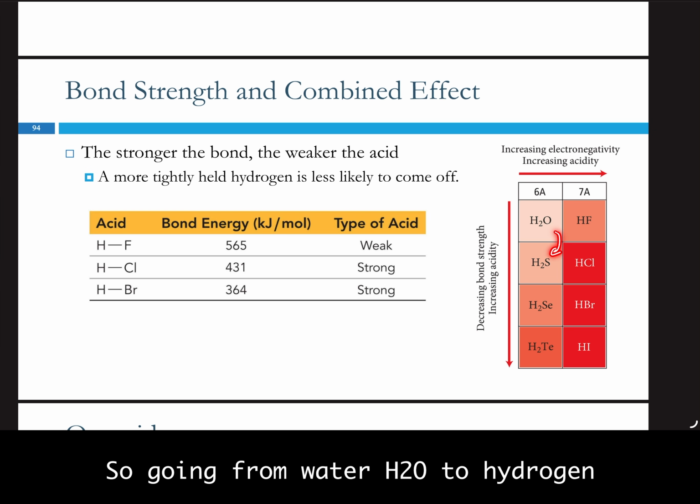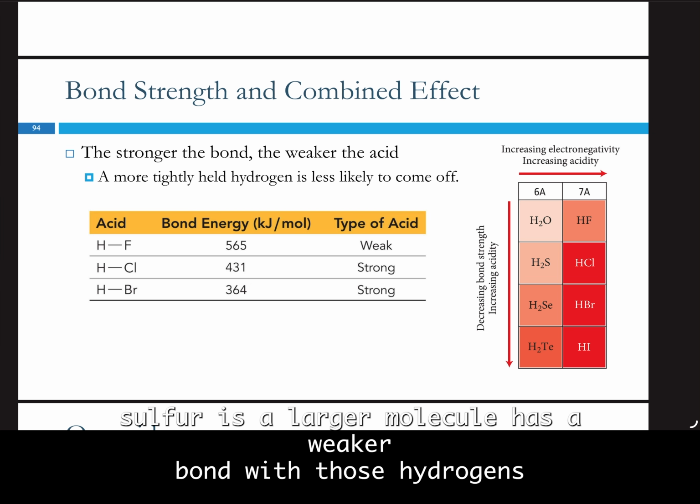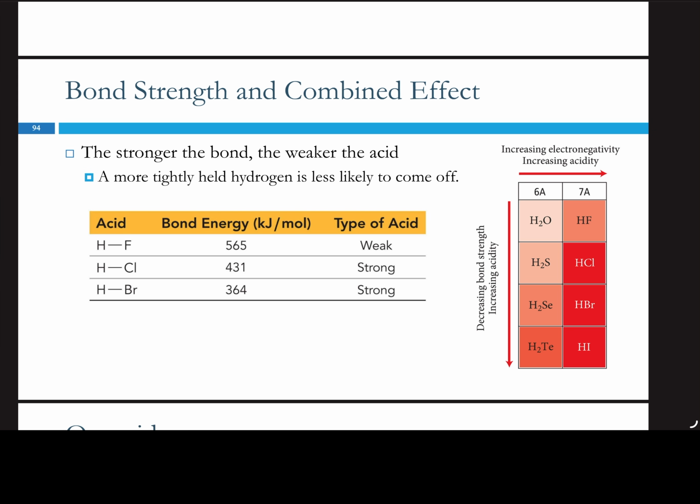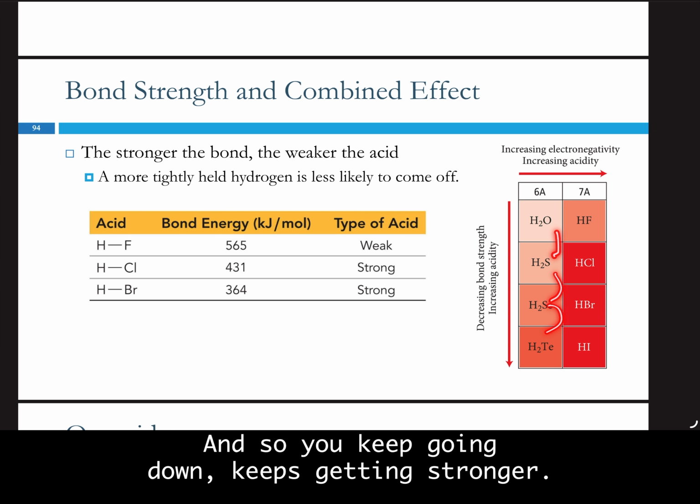So going from water, H2O, to hydrogen sulfide or hydrosulfuric acid, sulfur is a larger atom, has a weaker bond with those hydrogens, easier for them to leave. It's a stronger acid, not a strong acid, but stronger than water. And so you keep going down, it keeps getting stronger.